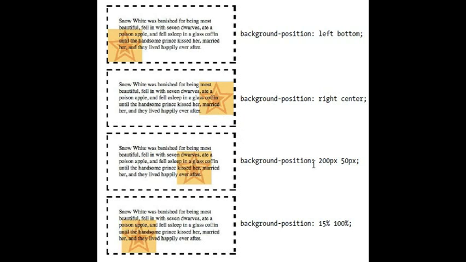If I give some pixel value, you can see it is at that distance, where 200 pixels is the horizontal distance and 50 pixels is the vertical distance from the top left point. The fourth example is the percentage one. Here you can see 15% is for horizontal and 100% is for vertical.